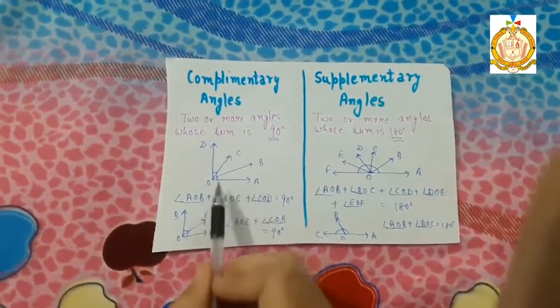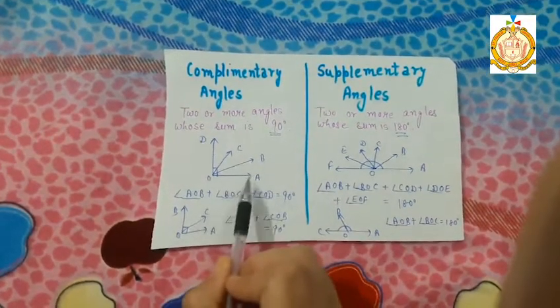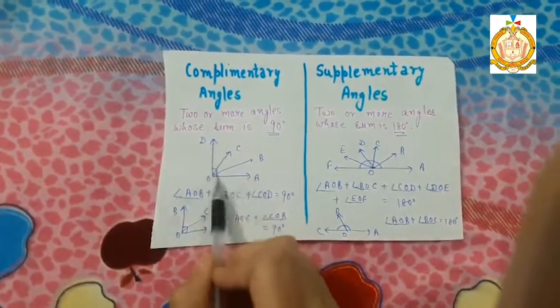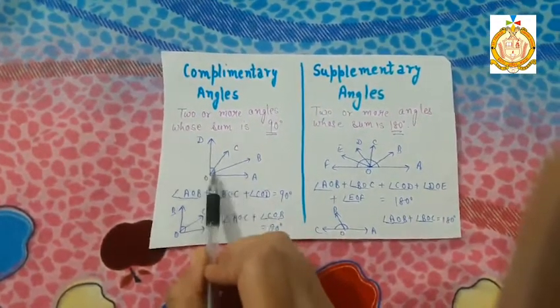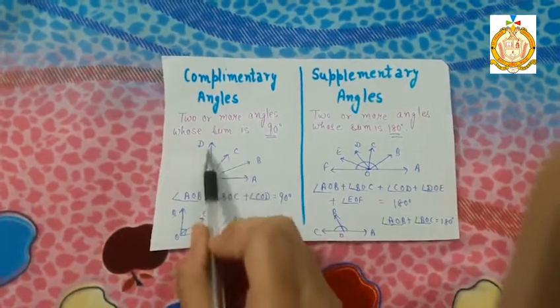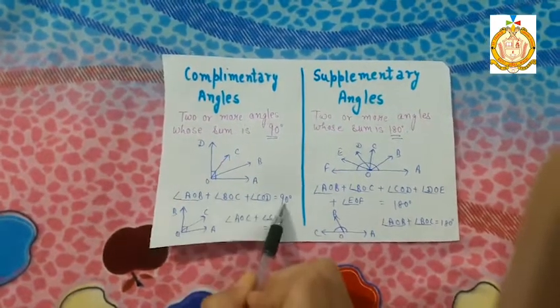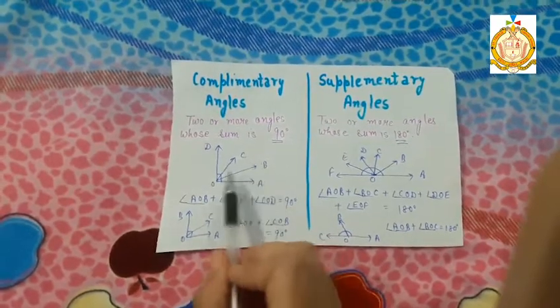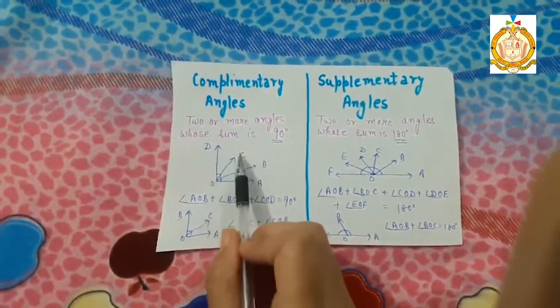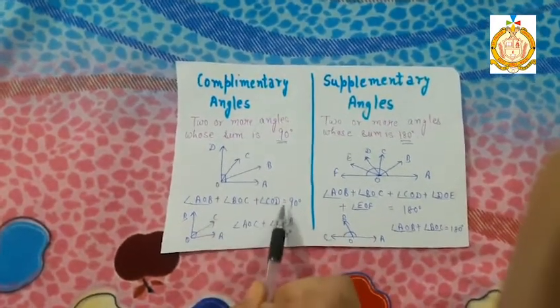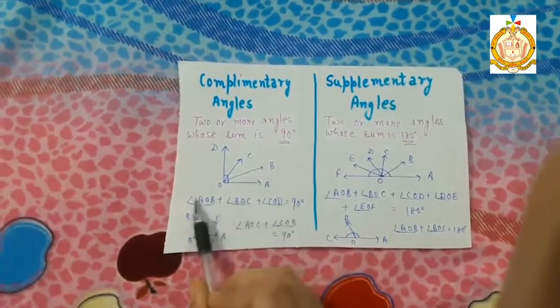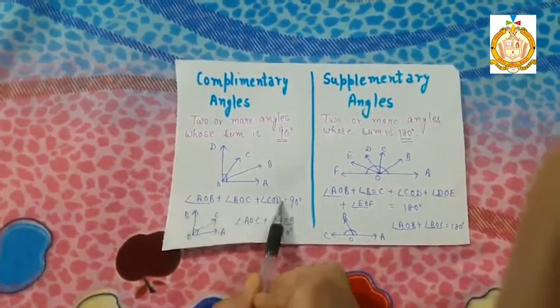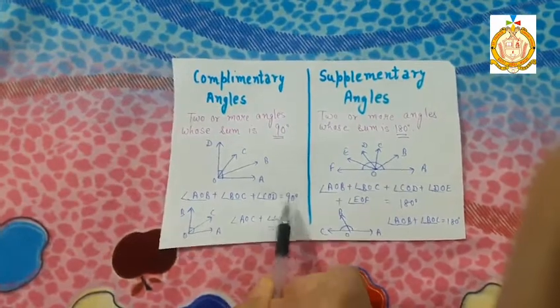Here you can see in this figure all the angles have a sum equal to 90 degree, as AOB plus BOC plus COD is equal to 90 degree. So all of these three angles are complementary angles.